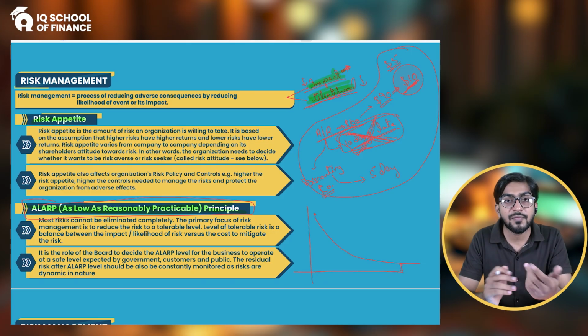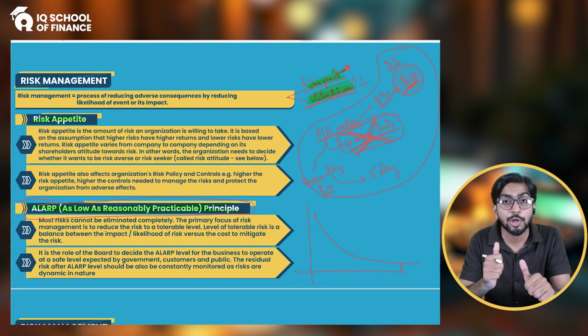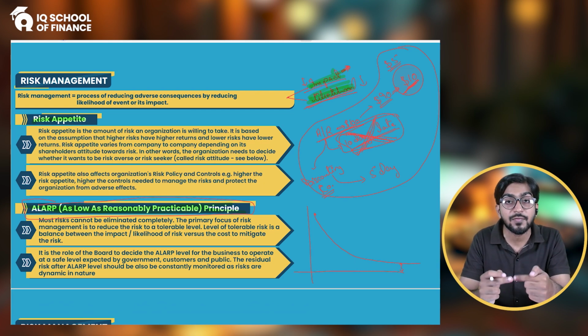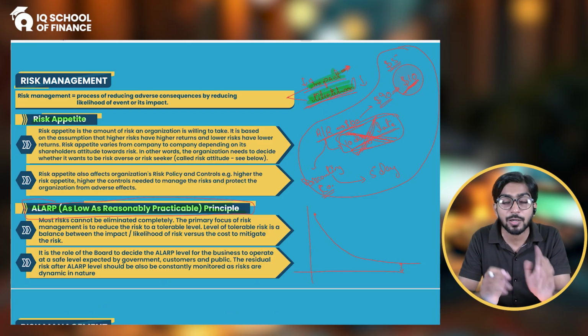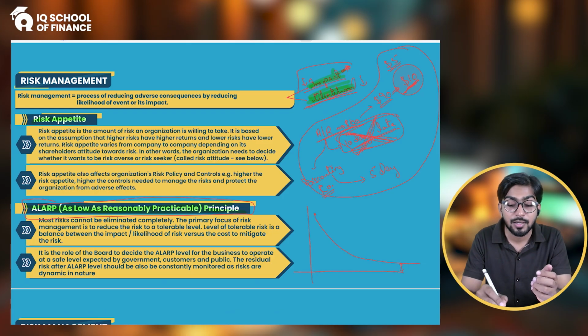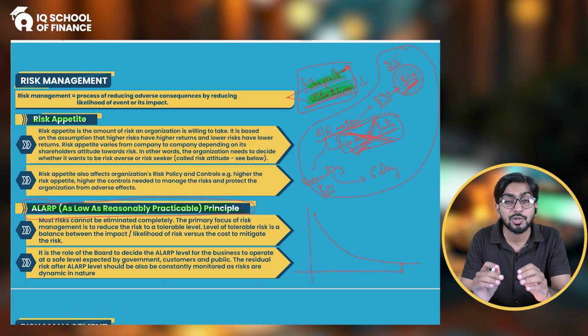After 10 million, if you want to purchase more from us, first clear the old dues. Once you clear our old dues, only then we can give you more credit. So this is basically how you will reduce the risk, you will reduce the impact and the likelihood.